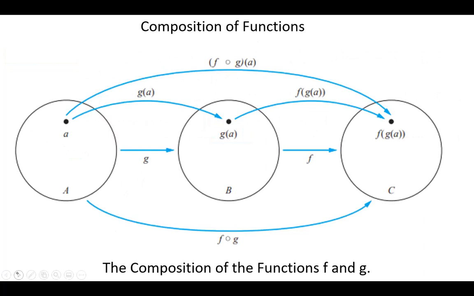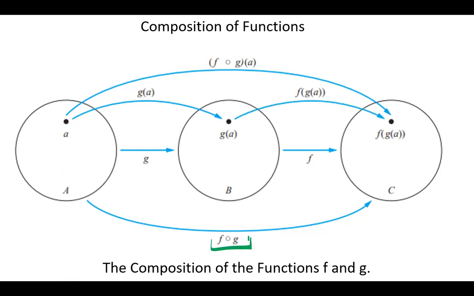Here we have the graphical representation of the composition of the functions f and g. The function g assigns a to b, and the function f assigns b to c. So f compose g is the function that assigns to the element a of A the element assigned by f to g of a.